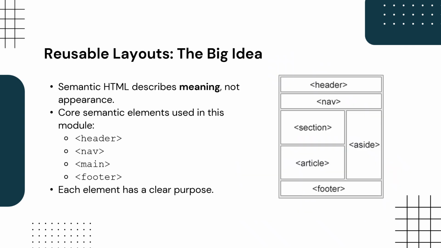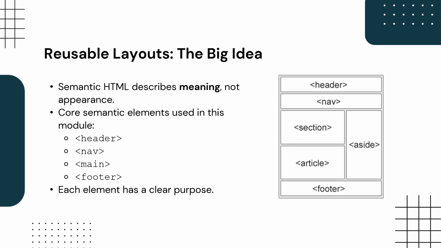Now, the key idea in this module is the idea of reusable layouts. Reusable layouts means that every page on your site shares the same basic structure. So when a user moves from one page to another page, they shouldn't have to relearn how the site works.